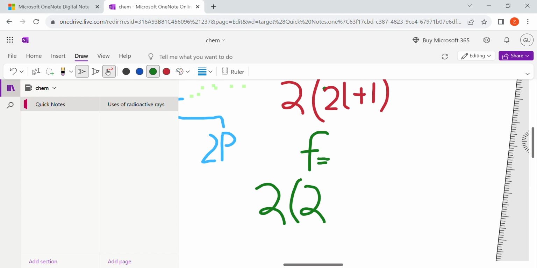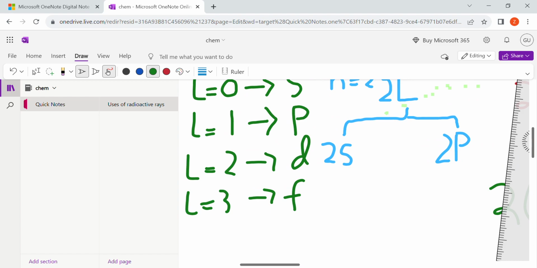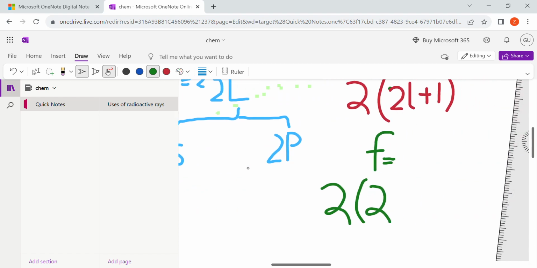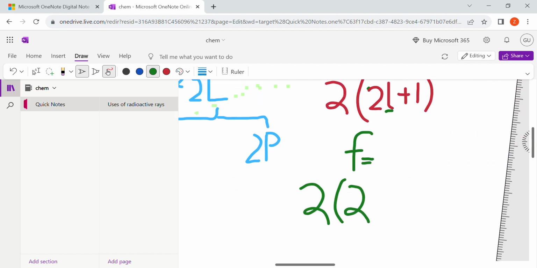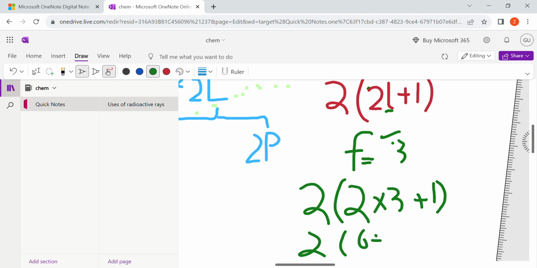We have discussed that f comes at L equal to 3, so we write the value of L for f, that is 3, so 2 multiplied by 3 plus 1, that is 6 plus 1, that will be 7, 2 times 7 is 14.